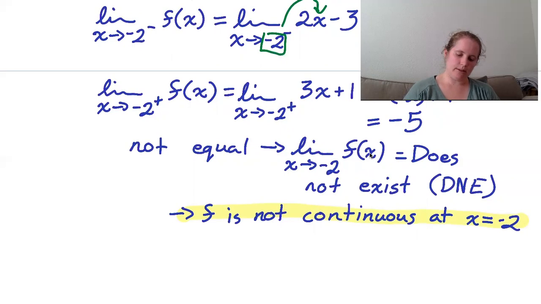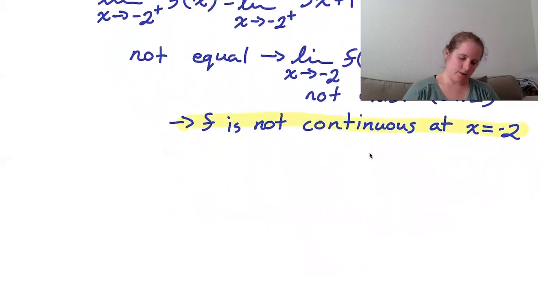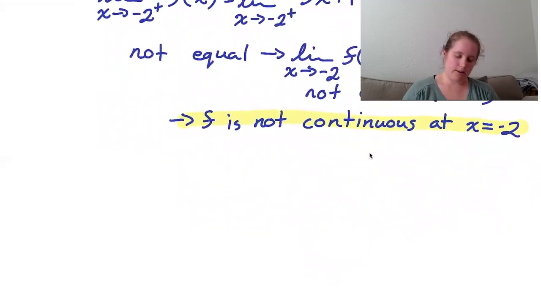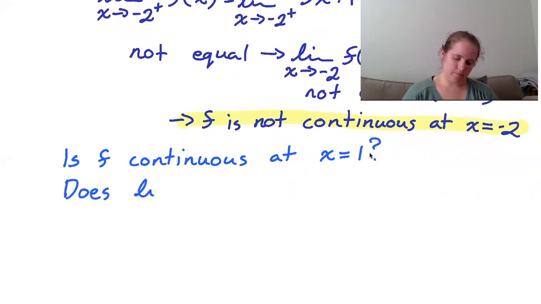And now we will ask the same question at x equals 1. So we want to know, is f continuous at x equals 1? So once again, what we need to check is, does the limit as x approaches 1 of f of x exist?